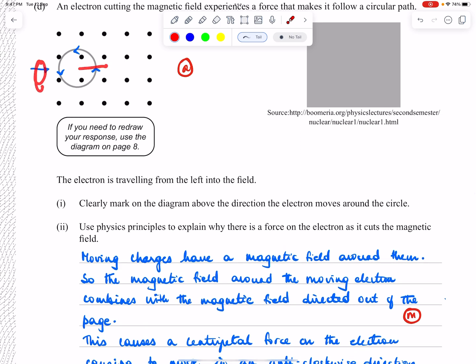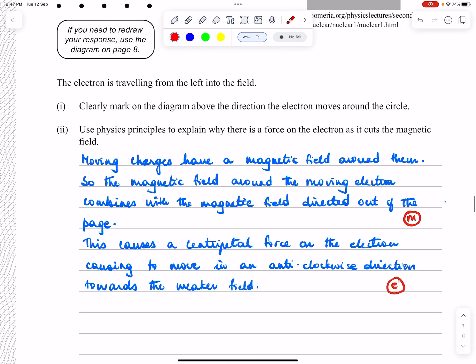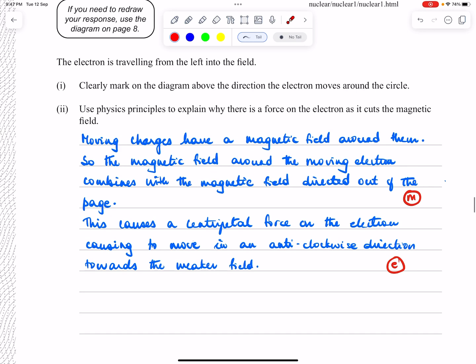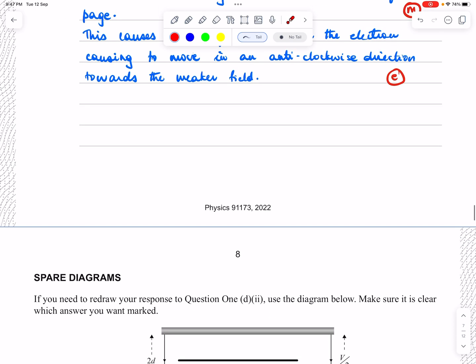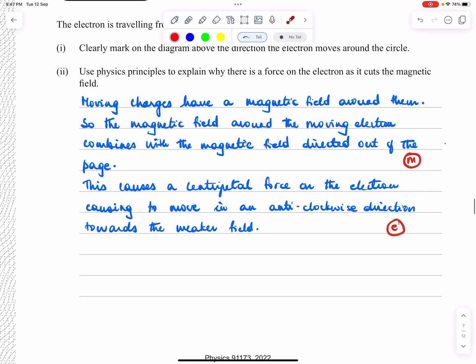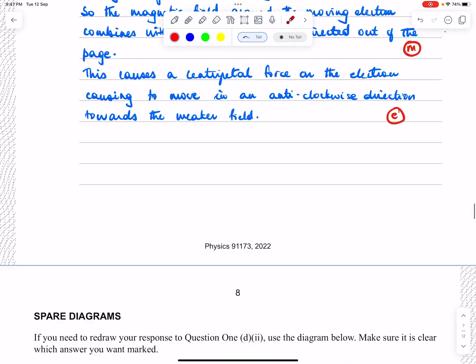It's moving into another magnetic field, so there's two magnetic fields over there. And they kind of combine together, and this causes a centripetal force on the electron, causing it to move in an anti-clockwise direction towards the weaker field, okay, because fields kind of combine. And that is your paper.